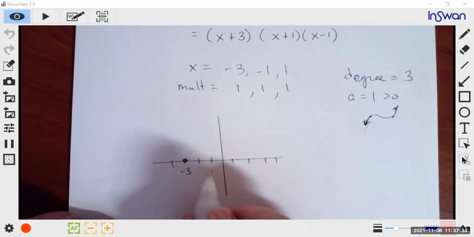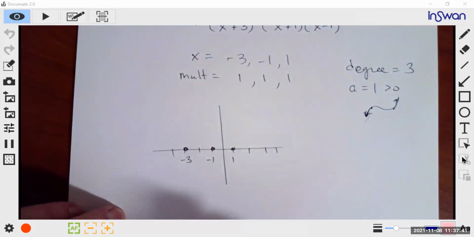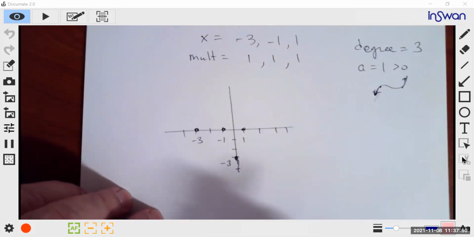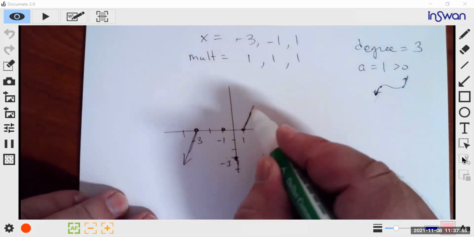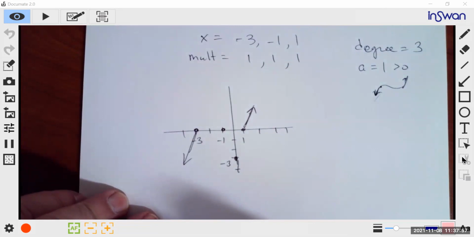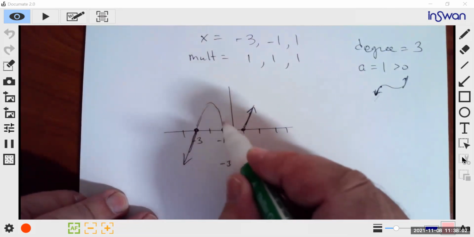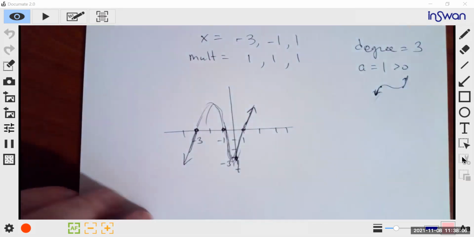So at -3 and -1 and 1, those are my x-intercepts. My y-intercept is at -3. So this way it goes down, this way it goes up, and they cross through all of them. So this one has to cross. So there's the basic shape of the graph.